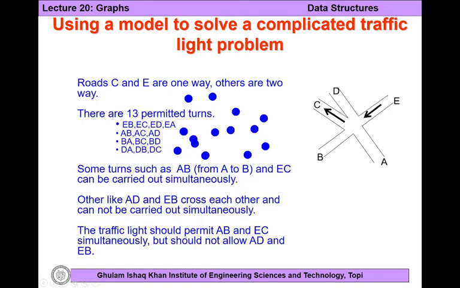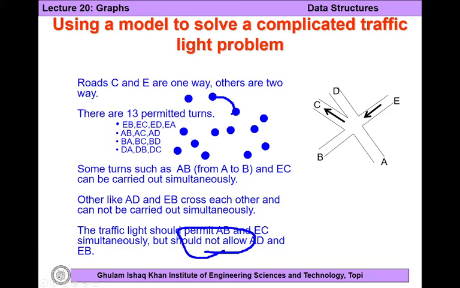and each node represents a turn, you need to draw a line or draw an edge between two nodes. Now the question is between which nodes or which turns you will be drawing or connecting. So you are going to connect such two turns which are not allowed simultaneously. Right?